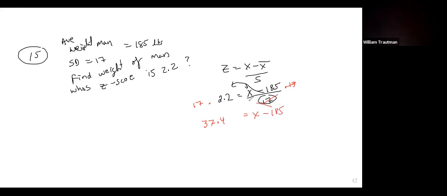And then I need to take the 185 to the other side by adding 185. And X equals, add 185 to what I previously got, 222.4.